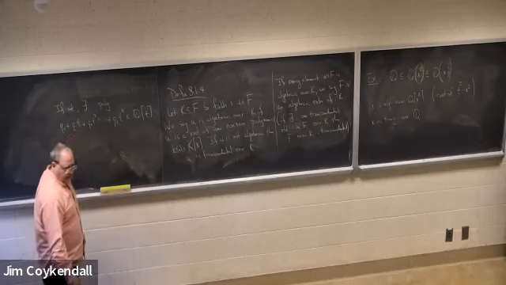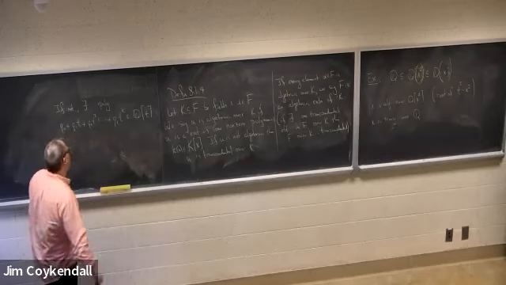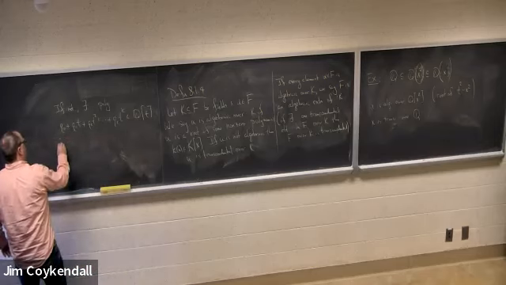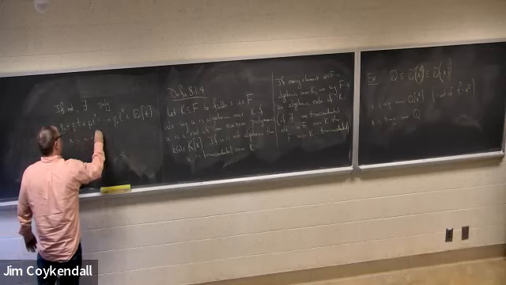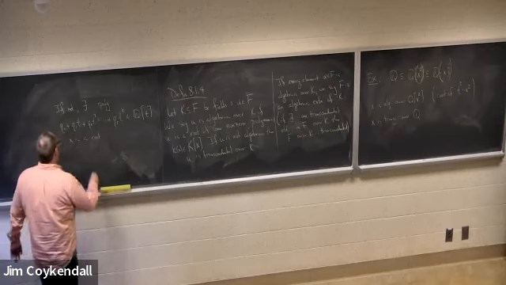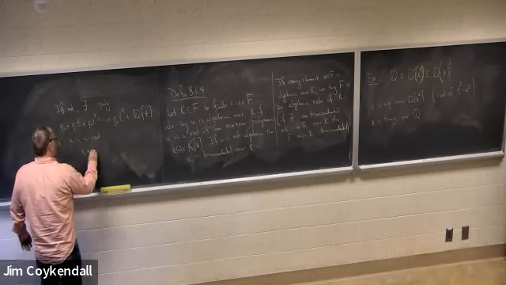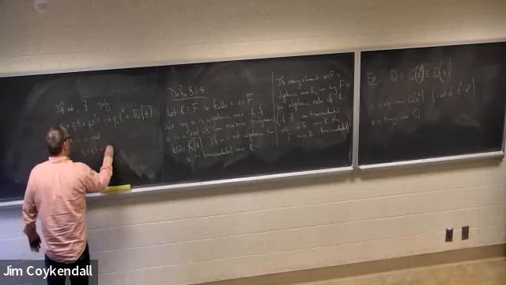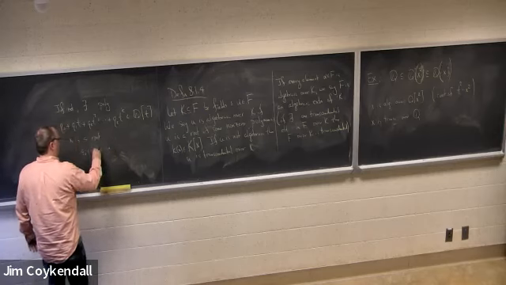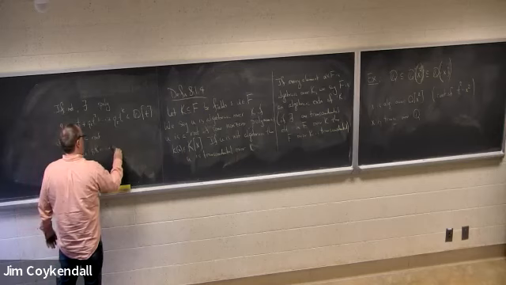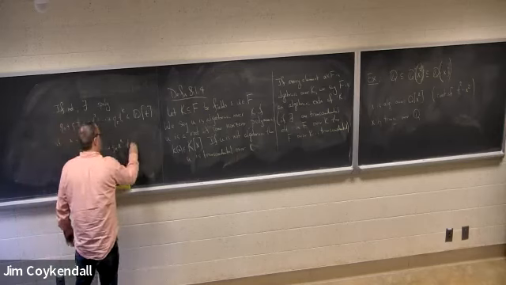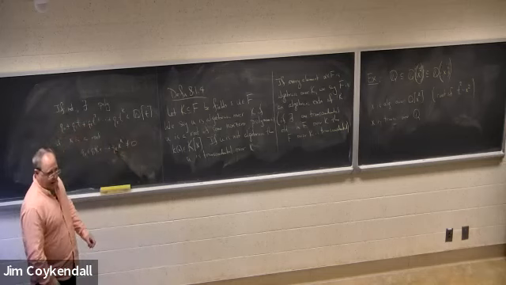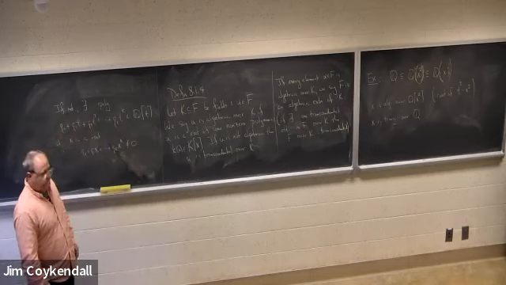Sorry about the change in notation here, because I didn't call that an X, such that plugging in X gives 0, such that X is a root. But if I plug in X to this, I get Q0 plus Q1X plus up to QkX to the k. And this is not 0 because it's a polynomial of degree k.